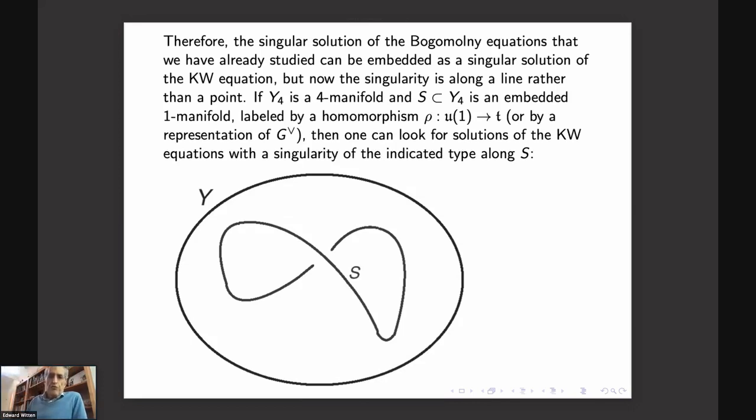In general, if Y4 is a 4 manifold and S is an embedded 1 manifold labeled by a homomorphism from U1 to the maximal torus or by a representation of the dual group, then it makes sense to look for solutions of the KW equations on Y with the singularity of the indicated type along S. And if you can resolve some compactness issues, which are actually highly non-trivial, then you can count those solutions weighted by signs and get an integer that will characterize this situation.